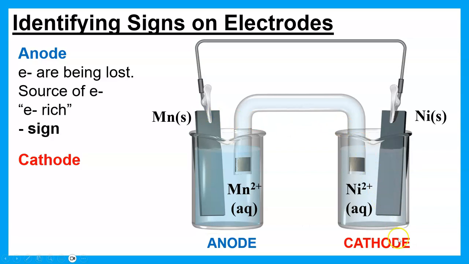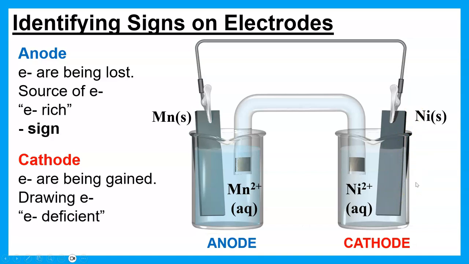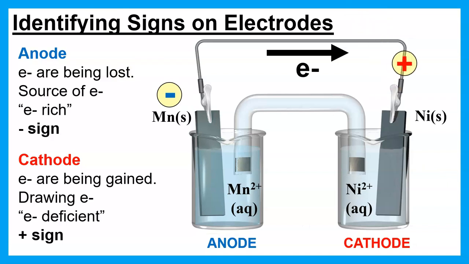Whereas the cathode is where the electrons are being gained. It's drawing the electrons towards it. There's not enough electrons here, so it's needing to get them. We say that they are electron deficient, and we will use a positive sign over here. So we've labeled our arrow with our electrons, but then we should also come in here and label with some little circles, negative and positive.